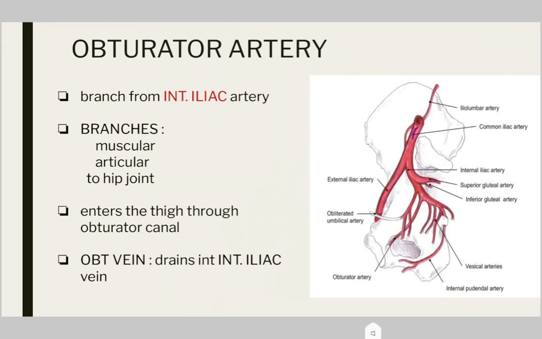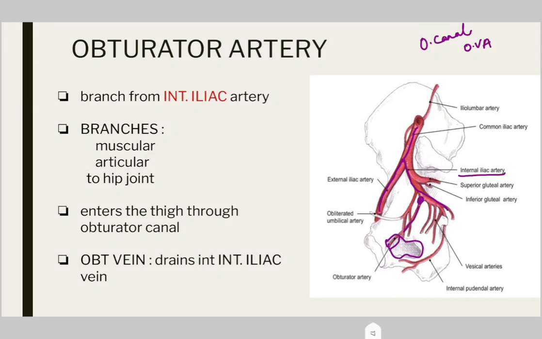Coming to the obturator artery, firstly, common iliac artery divides into the external iliac and the internal iliac branches. Here is the obturator artery arising from the internal iliac artery. It runs towards the obturator foramen and enters through the obturator canal. So, what are the contents passing through the obturator canal?